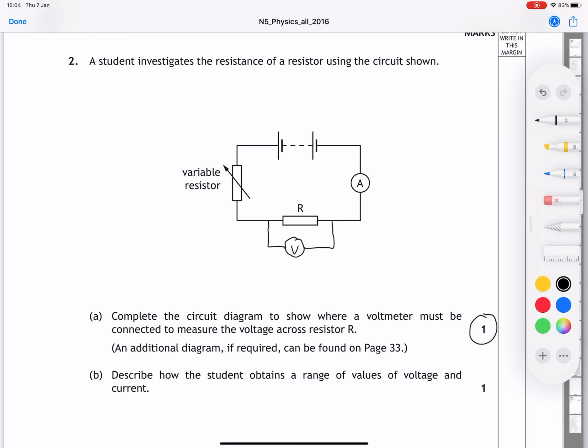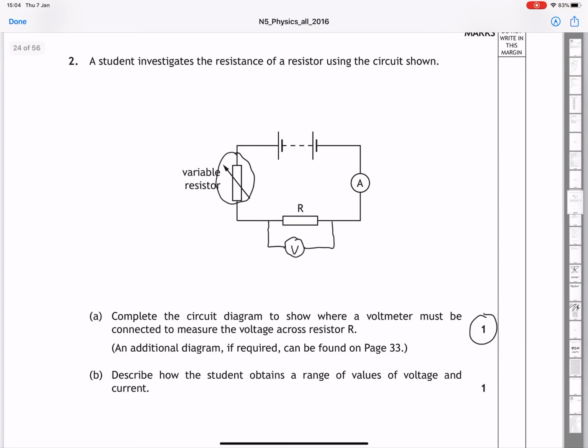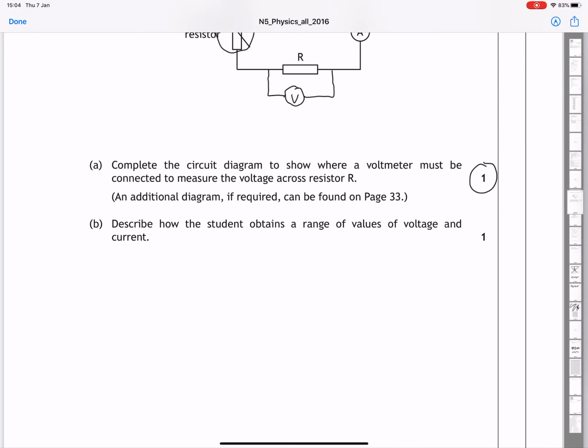Describe how the student obtains a range of values of voltage and current. Well, you've got a variable resistor here. A variable resistor's got either a button or a knob on the front that you can turn, and then that will change. You can increase or decrease, vary, change the resistance. And as you change the resistance, the voltage and current can change in a circuit.